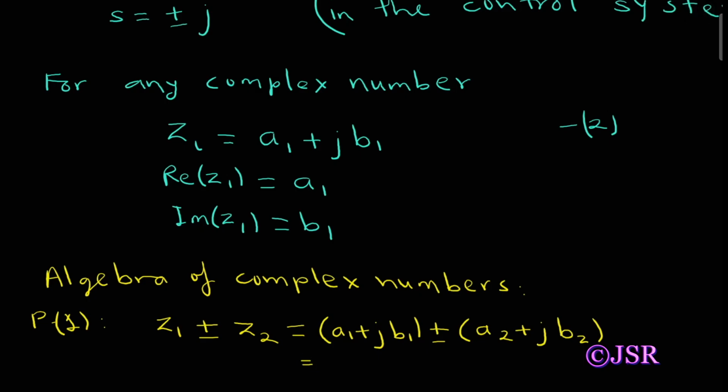So therefore we will have a1 plus minus a2 plus j in bracket b1 plus minus b2.